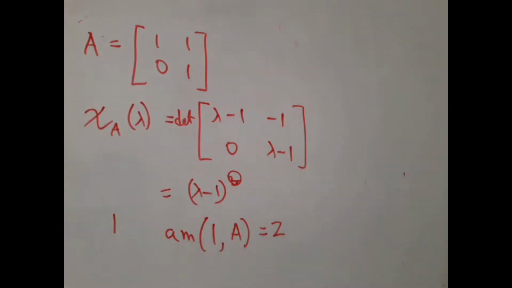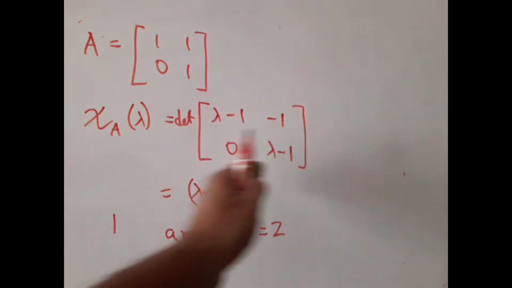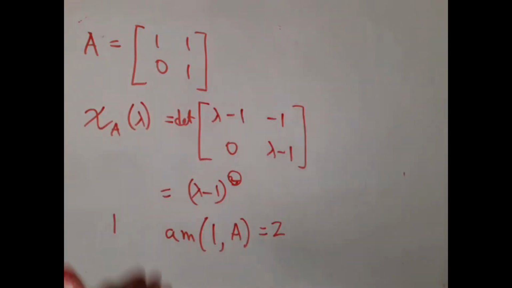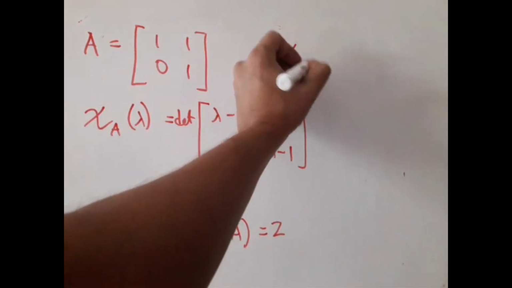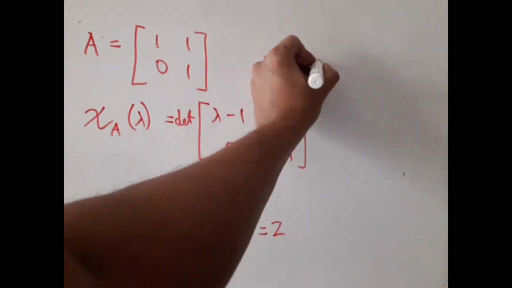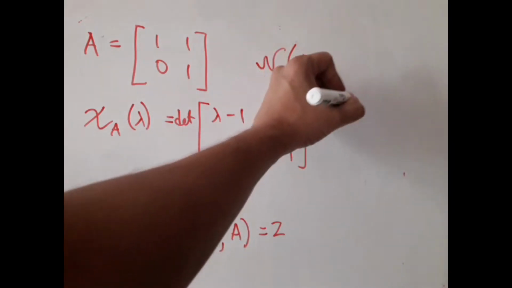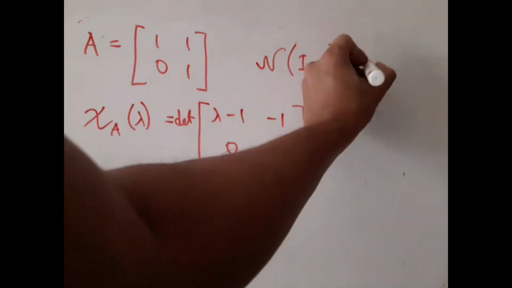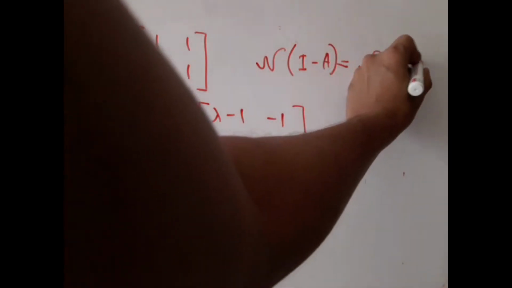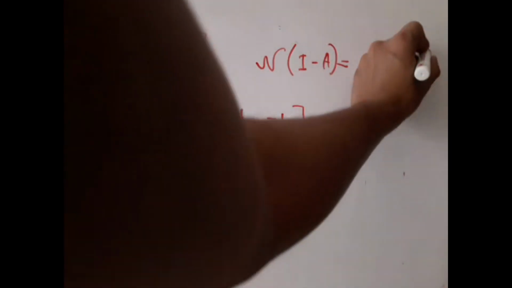Now let's compute the geometric multiplicity. For this I have to consider the null space of this matrix. When I put lambda equal to 1, I consider the null space of 1 times I minus A, which gives the null space of the matrix with rows (0, minus 1) and (0, 0).